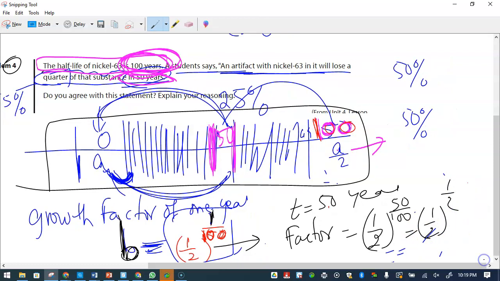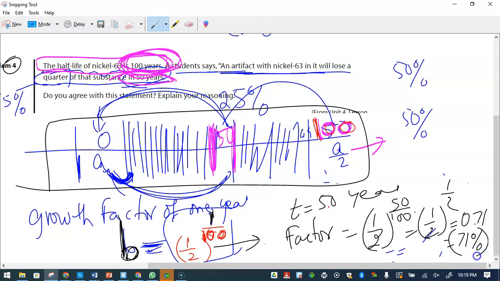And when you put it on the calculator, you get 0.71. This becomes 0.71, which is 71%.